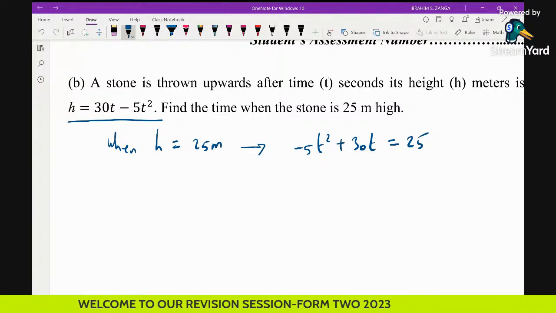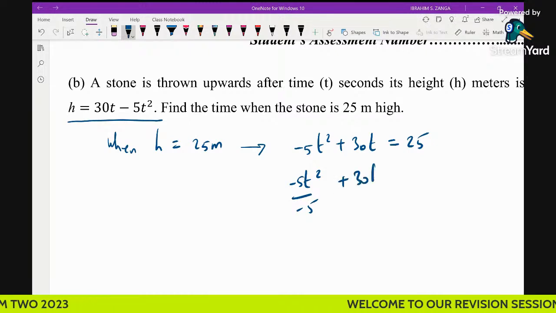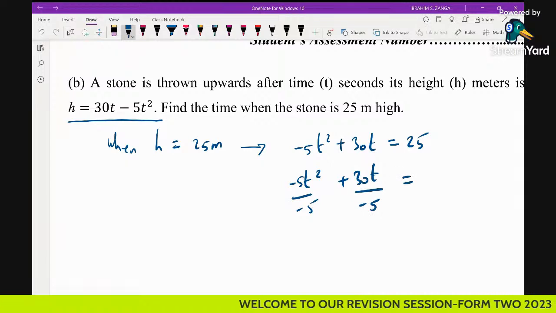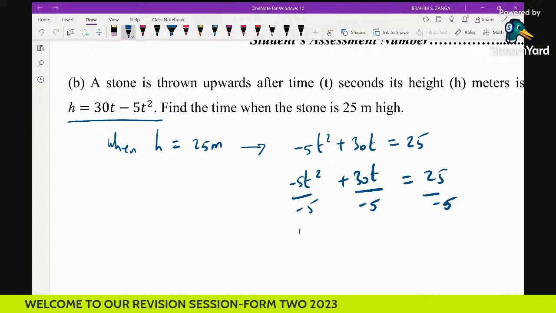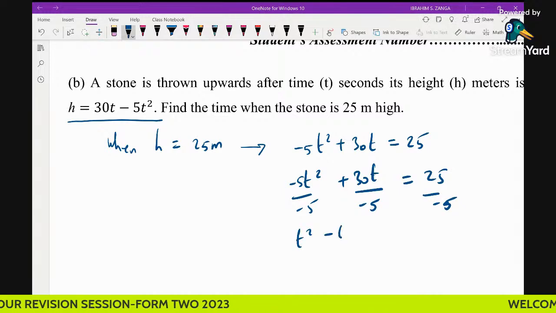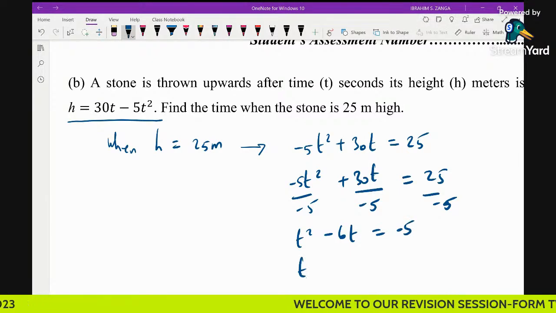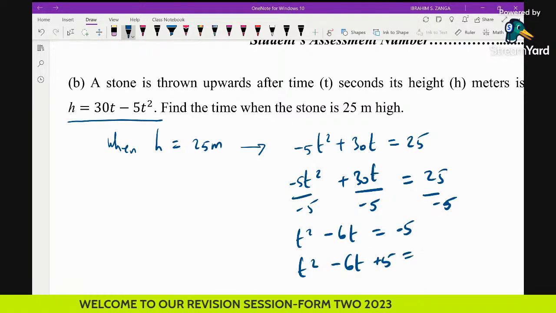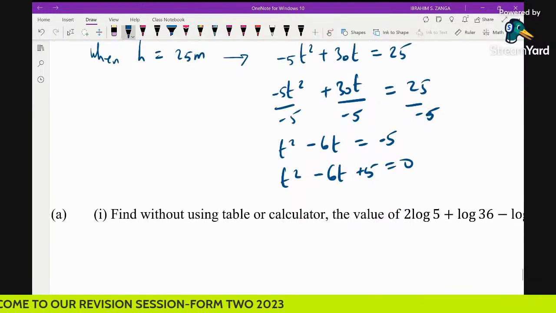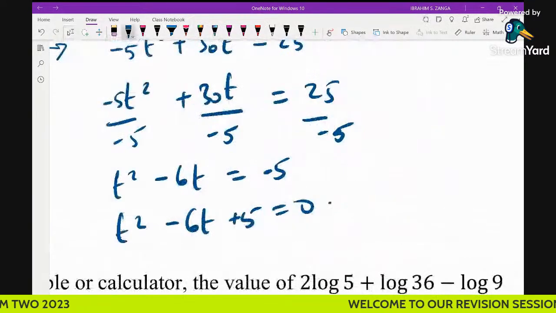You can divide by negative 5 throughout, so t squared divided by negative 5, plus 30t divided by negative 5, and 25 divided by negative 5. So you have t squared minus 6t equals negative 5. It is t squared minus 6t plus 5 equals 0. So we're going to split the middle term.